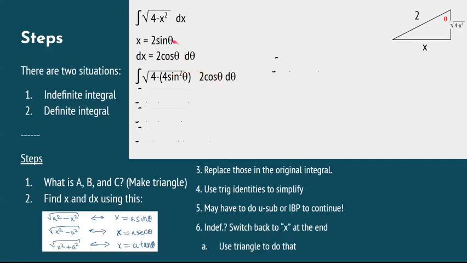Another mistake you might make is to do only d theta, but don't forget about this. That's the whole reason why we did this. You have to replace dx with this whole thing. Another thing you might be thinking: hey, why isn't it divided by 2 cosine theta? Isn't that what we usually do? Well, don't overthink it.